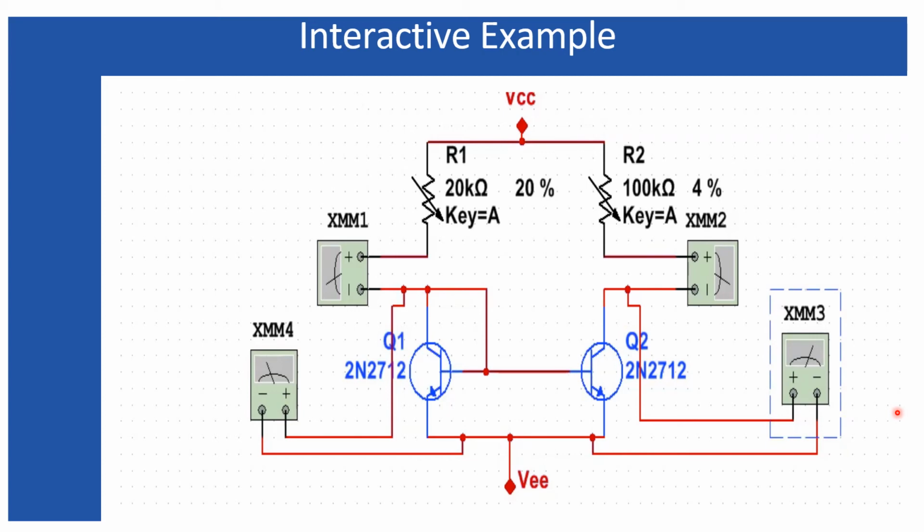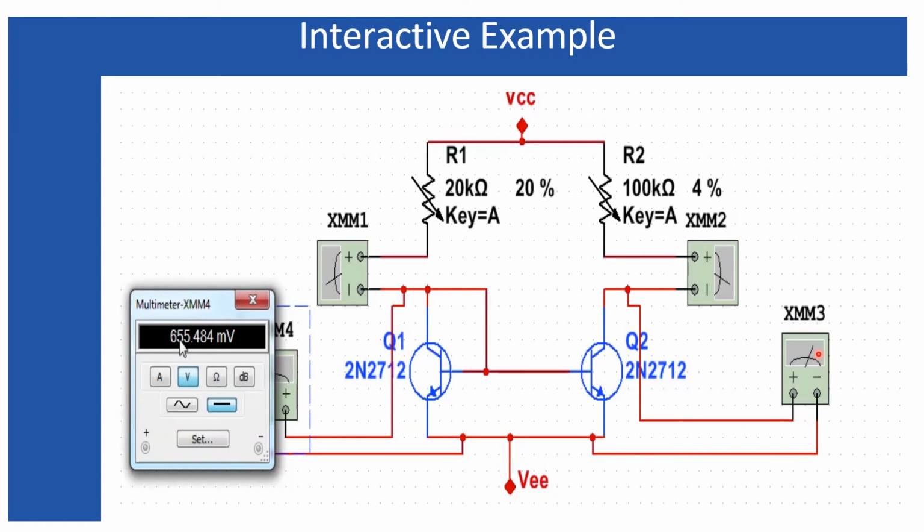Now, as I have started this simulation, let's see the collector to emitter voltage of transistor Q1. This is the collector to emitter voltage across Q1, and now I should calculate first, and then see what the ammeter records for the current Iref.